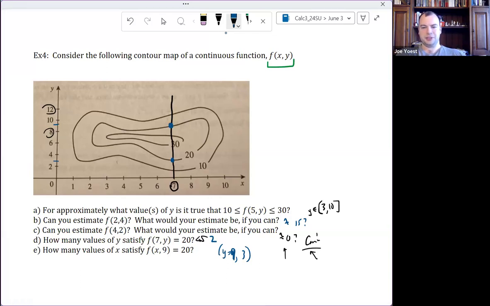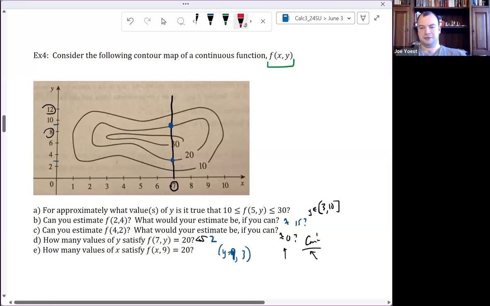And then a similar question, how many values of x satisfy f of x comma 9 equals 20? So again, if I fix y to be 9, I'm only looking at inputs that fall along this straight line here, this red line, the straight line associated with y equals 9.